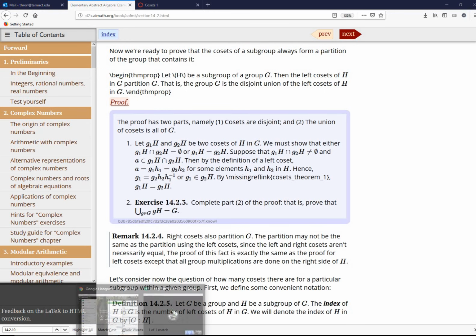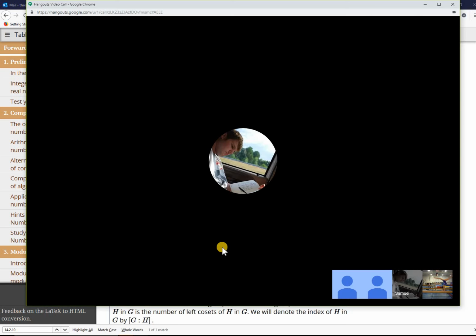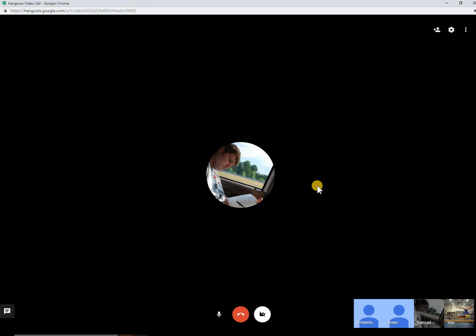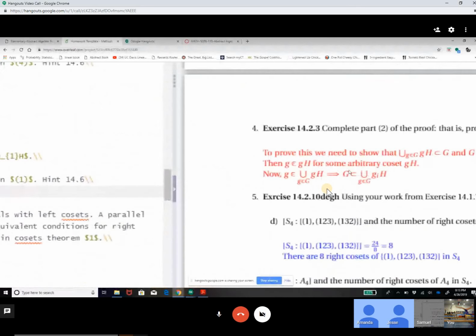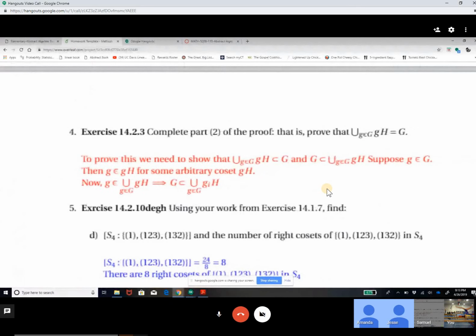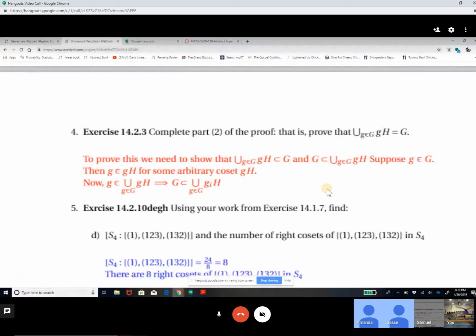1423. Oh, I see it. Okay, yes. Oh, yes, very good. All right, so you're saying you need to show that the left-hand side is containing the right-hand side, and the right-hand side is containing the left-hand side.